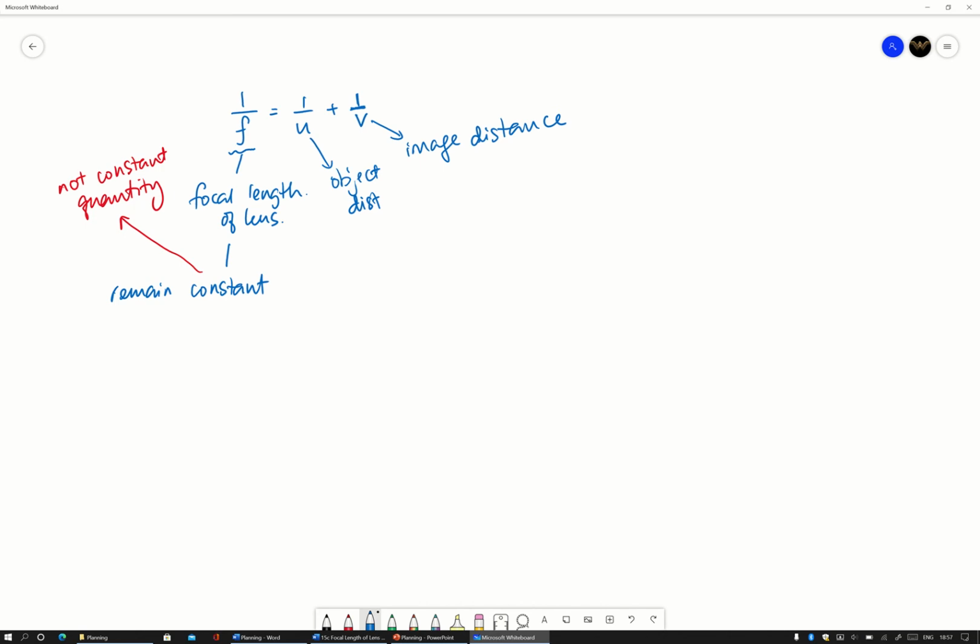Now, from this equation, I'll rewrite again 1 over f equals 1 over u plus 1 over v. Okay, we're going to manipulate it to something that we know. So on the left side, we have a constant, and on the right side, we have an independent variable and a dependent variable. That's a u and a v.